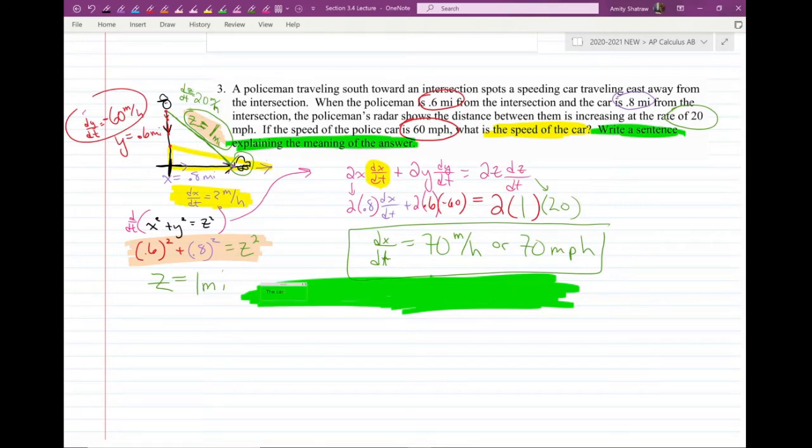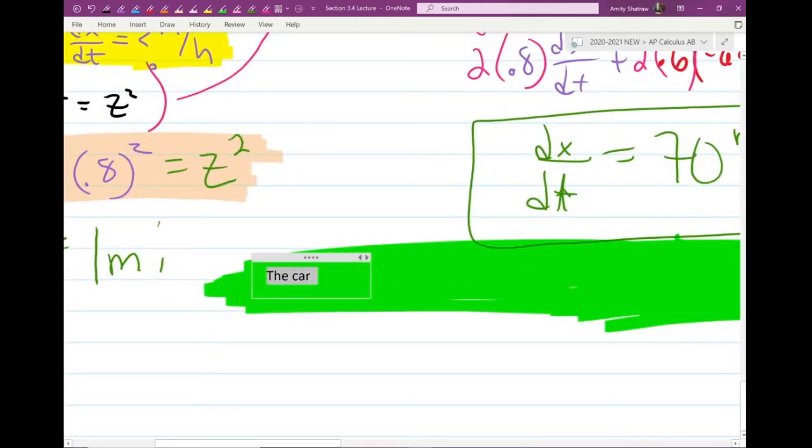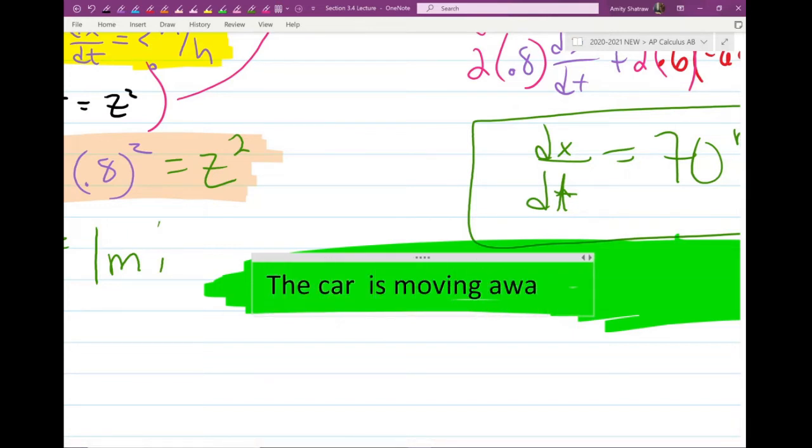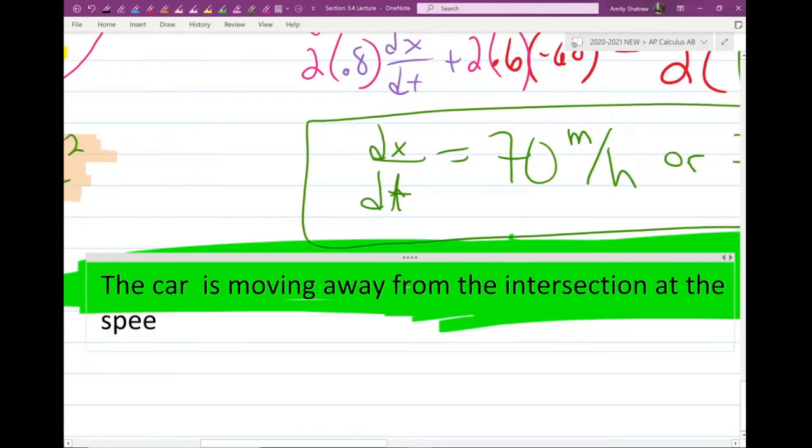Ready? The car... I would kind of like this to be bigger. The car is moving away from the intersection at the speed of 70 mph.